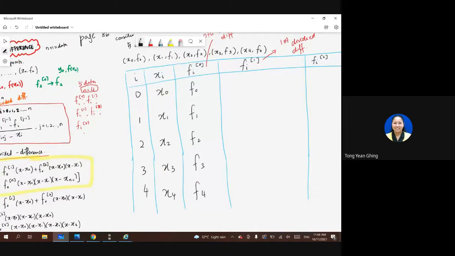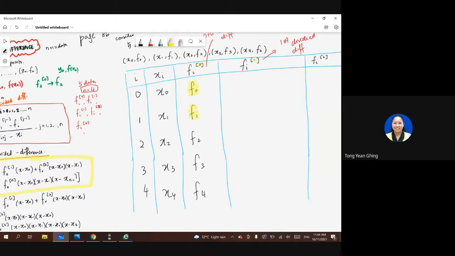So f_{i+1} means this one, f1, minus f_i means this one, divided by, it depends on j. Now j, if you look, is this degree of divided difference.